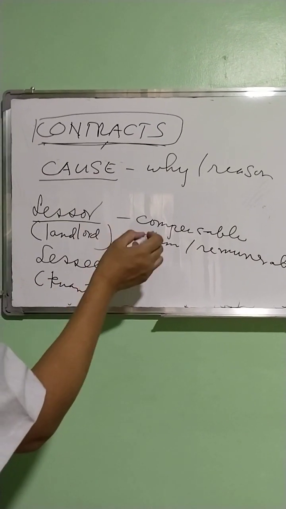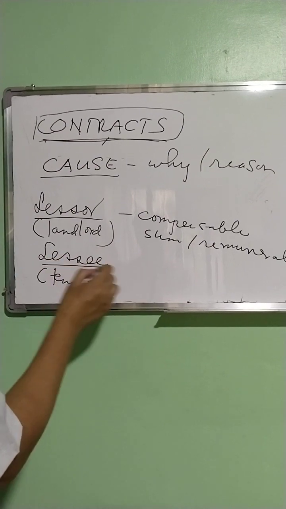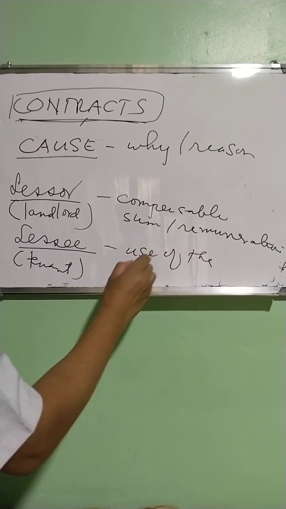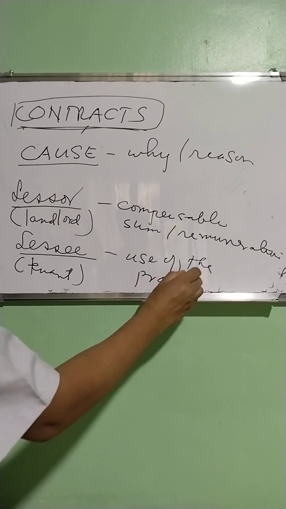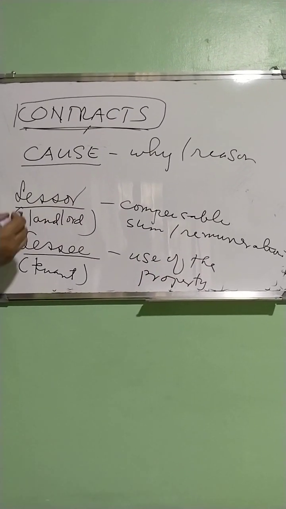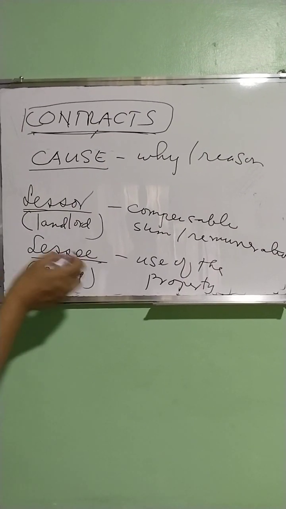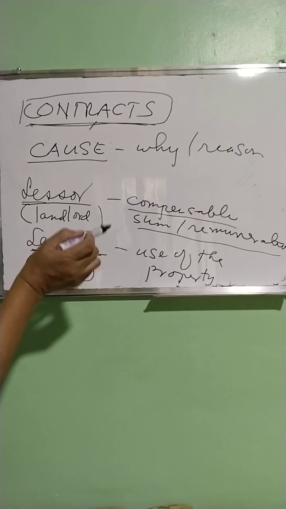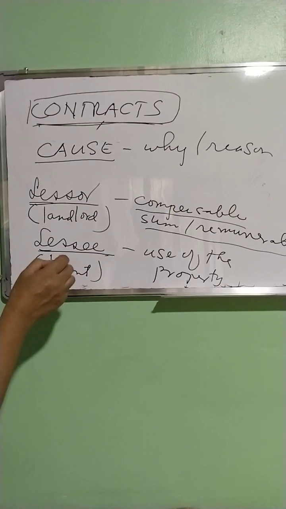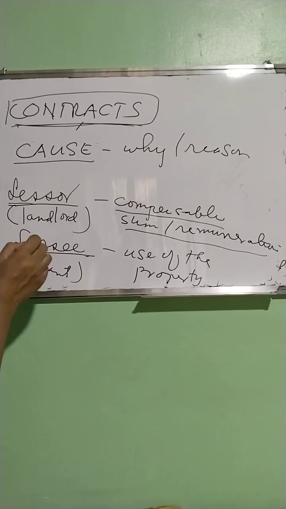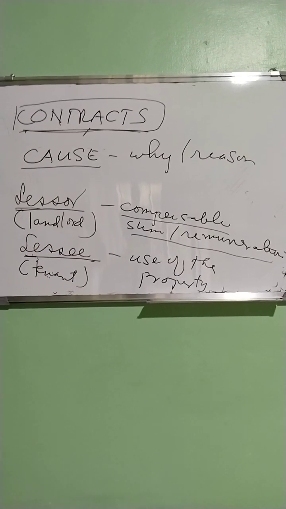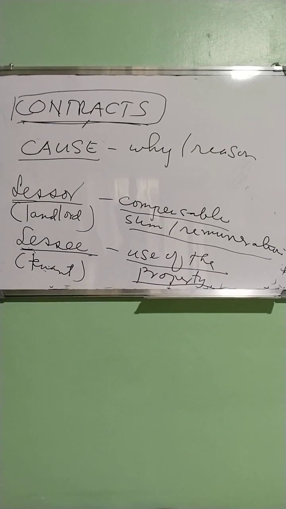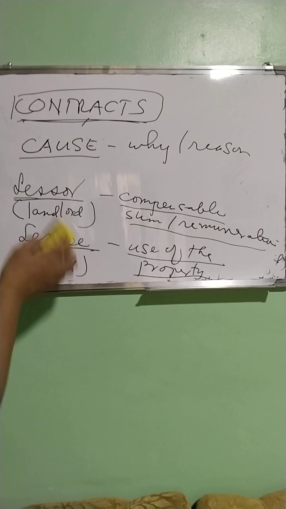The compensable sum, and on the part of the lessee, the use of the property. These are the reasons. So take note, they have different reasons. On the part of the lessor, perhaps the money that will be paid by the lessee, the tenant, and the cause by which the lessee entered into the contract is because he wants to use the property. That's how you view it.